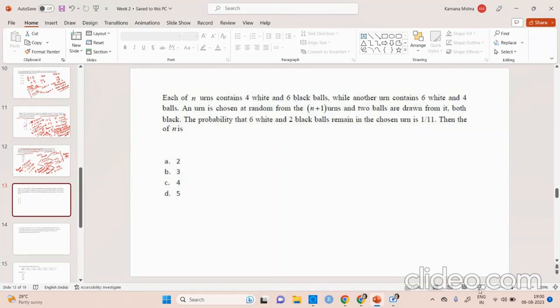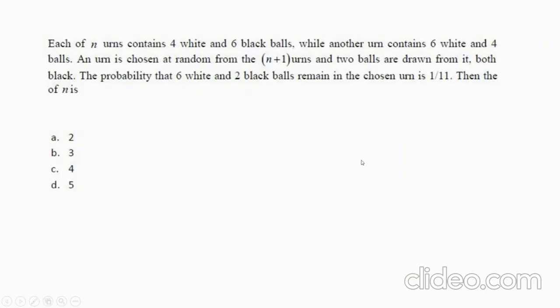Okay, so I will just start. Given here is that each of n urns contains 4 white and 6 black balls, while another urn contains 6 white and 4 black balls. So we have urns here. n number of urns contain 4 white and 6 black, right?